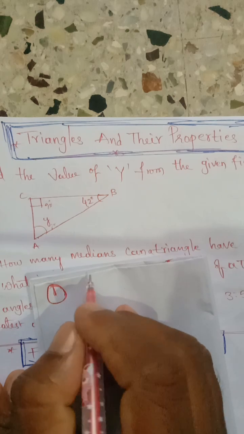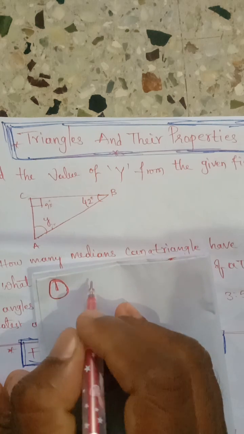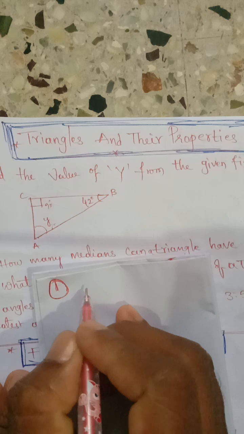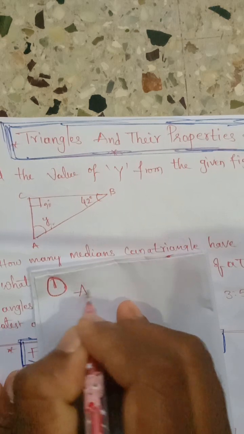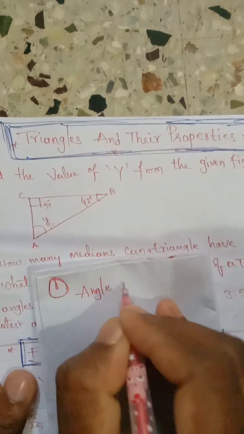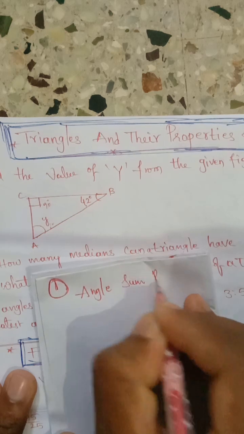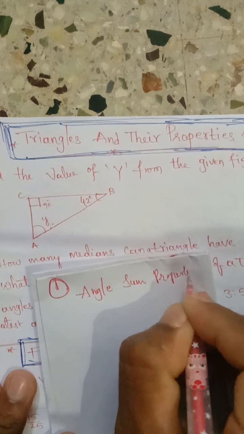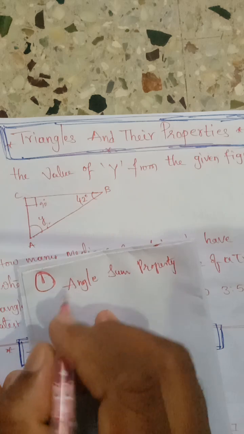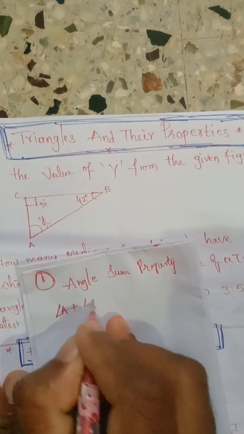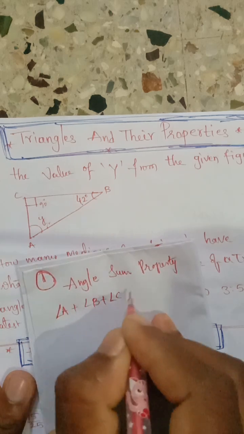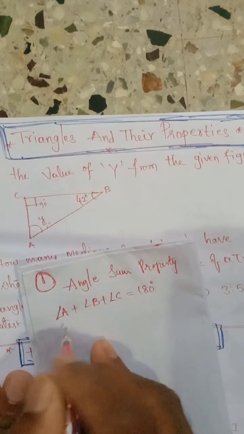The sum of all angles in a triangle is 180 degrees, by the angle sum property. Using the angle sum property, angle A plus angle B plus angle C equals 180 degrees.